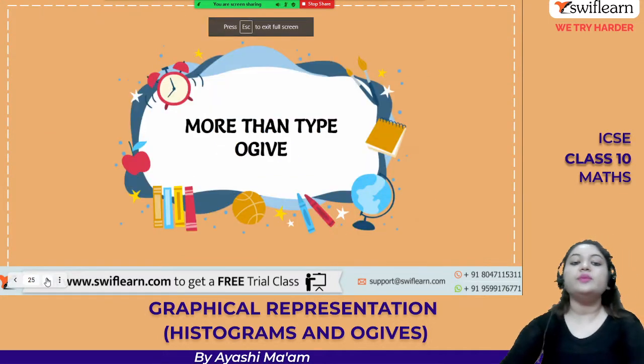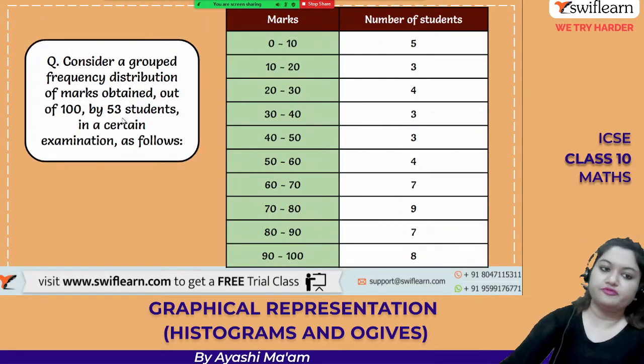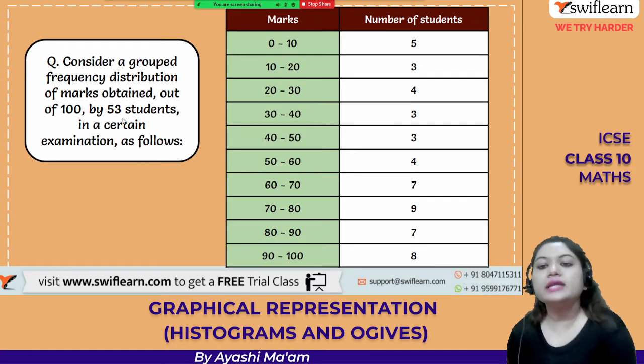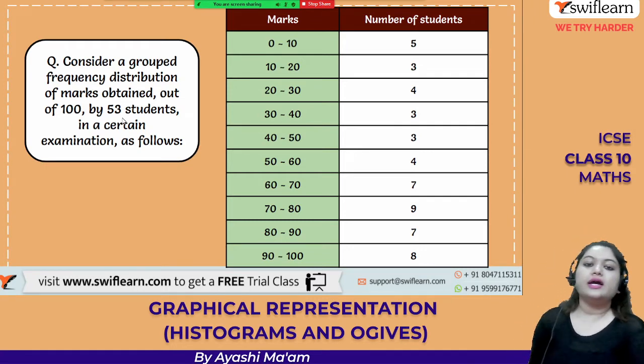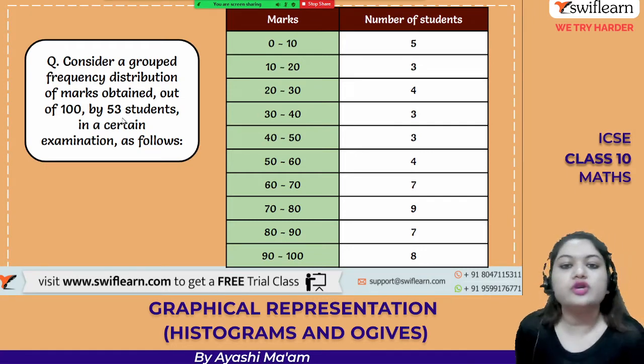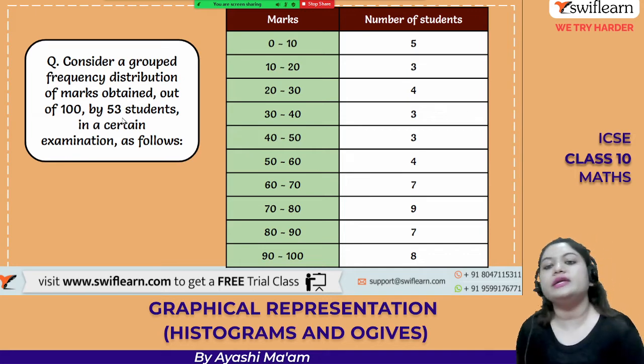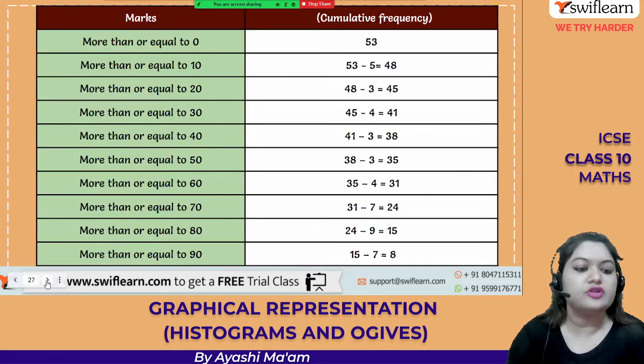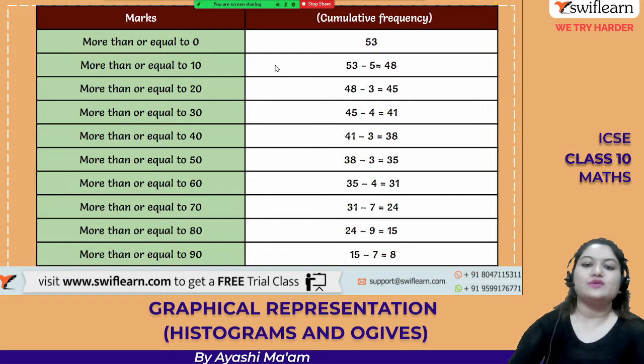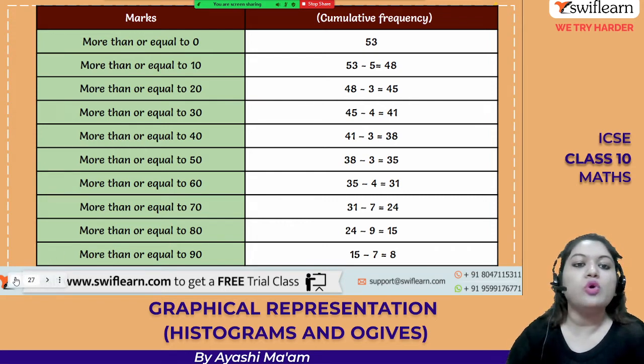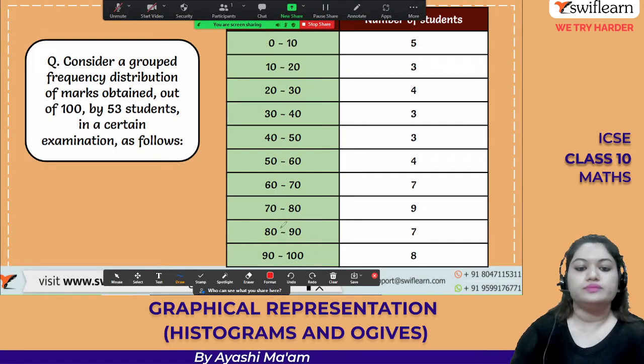Okay, now we will be moving into more than type ogive. Okay, so for more than type ogive, what will happen? Again the marks are given to you from 0 to 10, 10 to 20, 20 to 30, like that, and the frequencies are given to you. All right, now see, for the first one, more than or equal to 0.